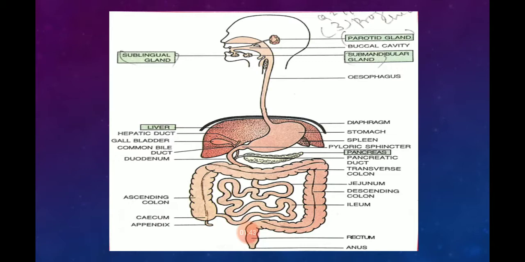The human digestive system consists of a mouth, which is also known as buccal cavity, in which salivary glands are present in three places. Those glands help in pouring out an enzyme known as salivary amylase.